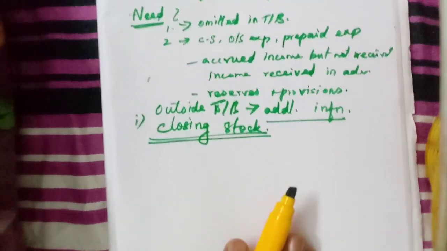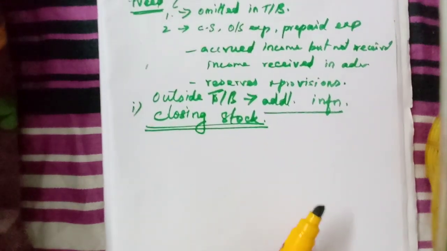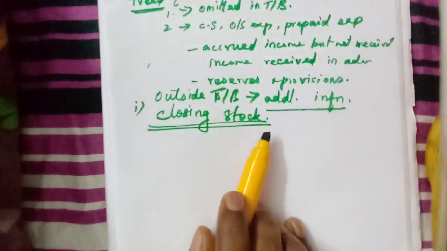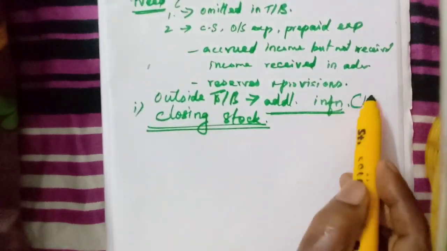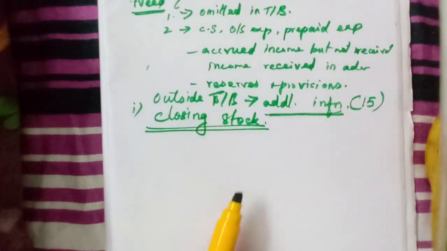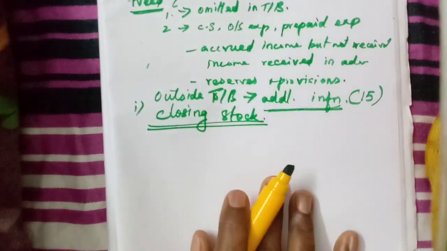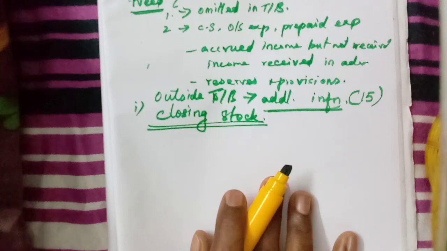As that is the first adjustment, isn't it? So here in the additional information, there are 15 items. But they will never give you all 15 for the exam. They may give 3 or 4 adjustments, or at the maximum 5.